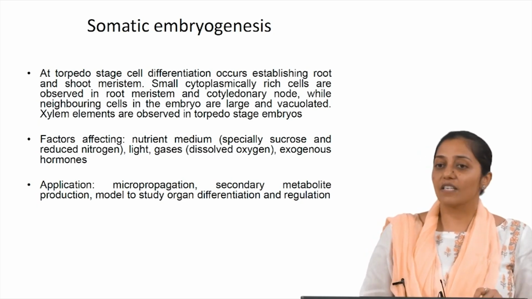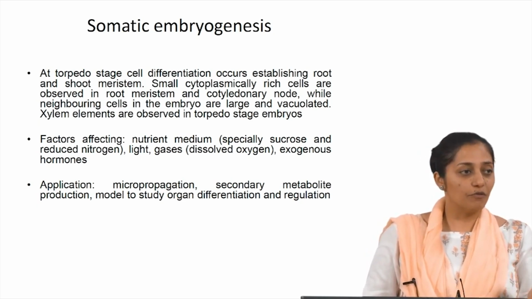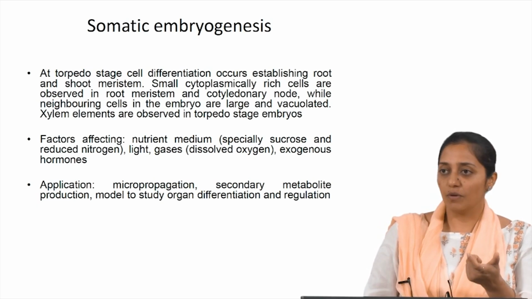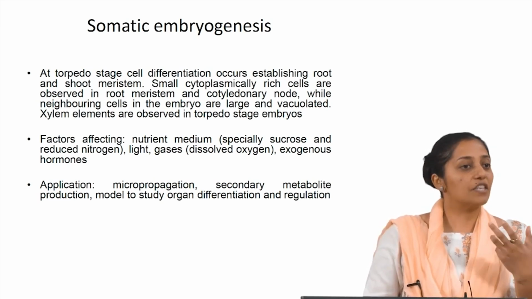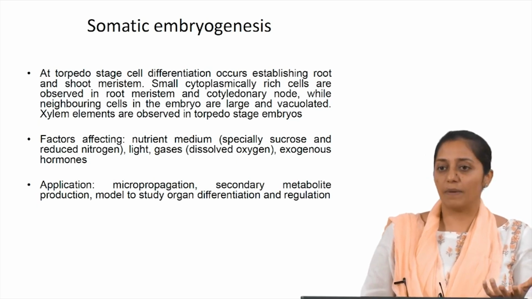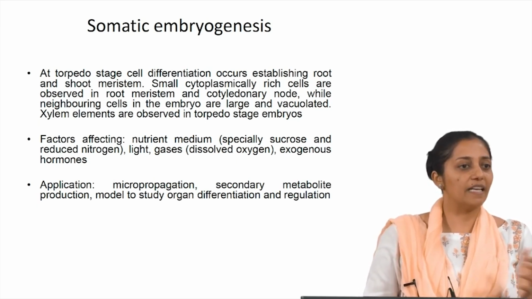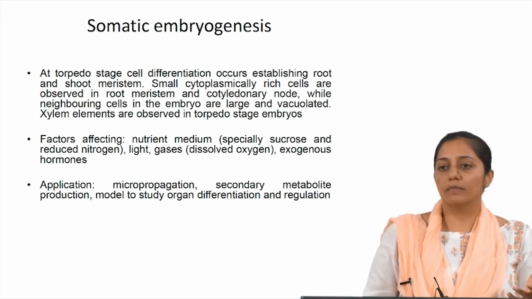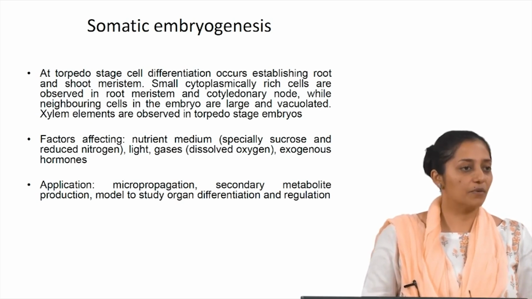So, if you can find those cells which have embryogenic potential, you use those cells, bring them in suspension, do large scale cultivation and then give them conditions to form organized structures called somatic embryos.